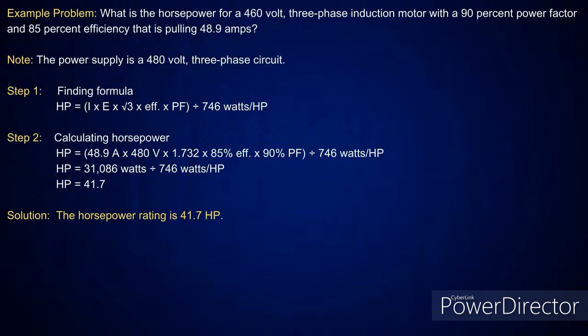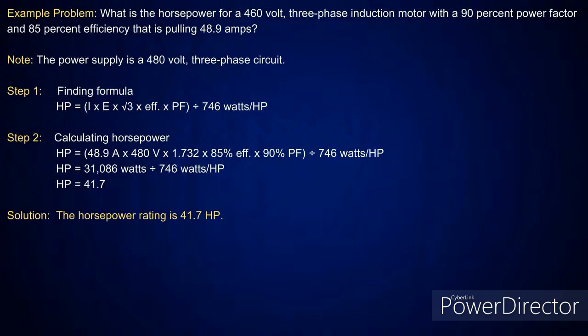Now this one is a little bit different because what I'm going to do is find my horsepower rating. Well, the same thing applies. You take the 460 volt, the three phase, you take the power factor at 90%, and the efficiency of the motor, which is 85%, and then you take what it's pulling. It's pulling 48.98 amps.